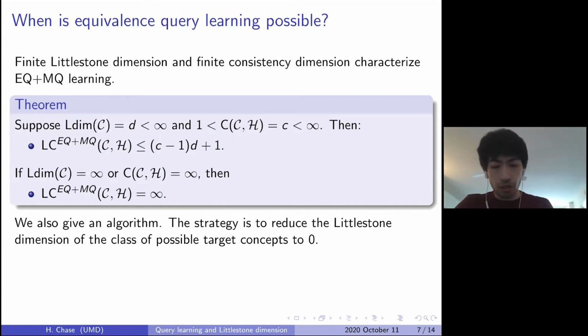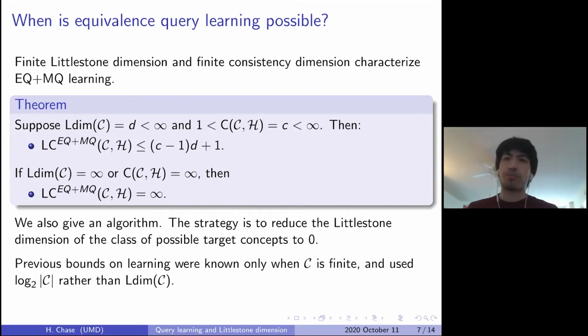As I said earlier, I'm using Littlestone dimension here as a measure of the complexity of the remaining possible concepts. So I'm trying to reduce the Littlestone dimension of this class to 0. The role of consistency dimension had already been known, but what I think is novel about this bound is it incorporates Littlestone dimension rather than the log of the size of the concept class.